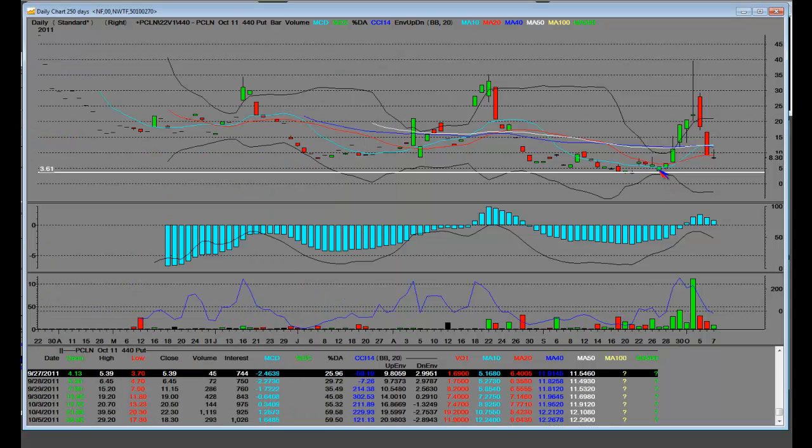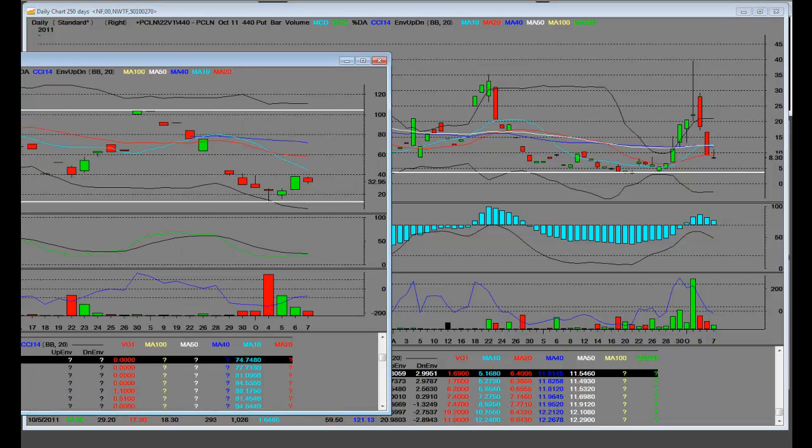And the low here was 370. So if you were buying, understanding where the weekly chart was on Priceline, then you would clearly know what to do with the trade and how these trades work.